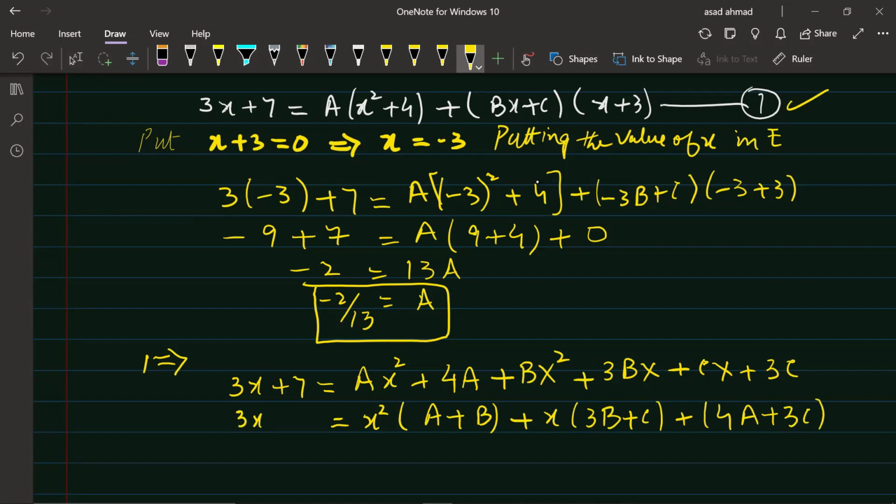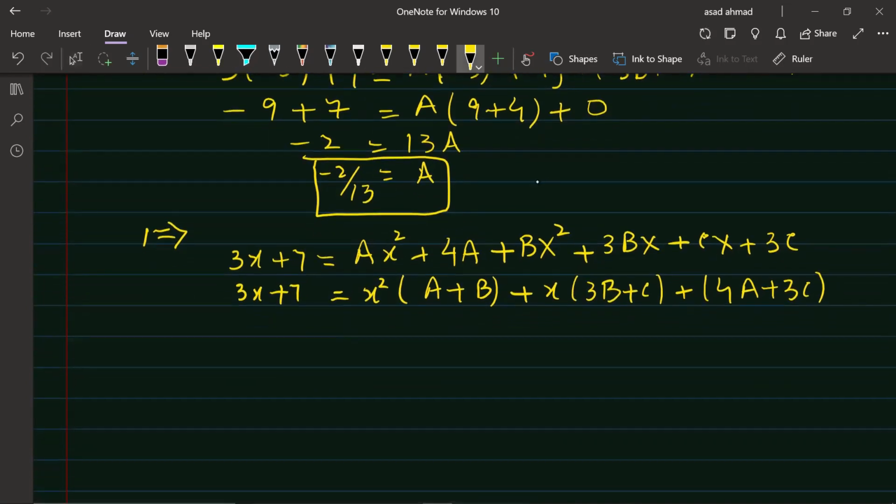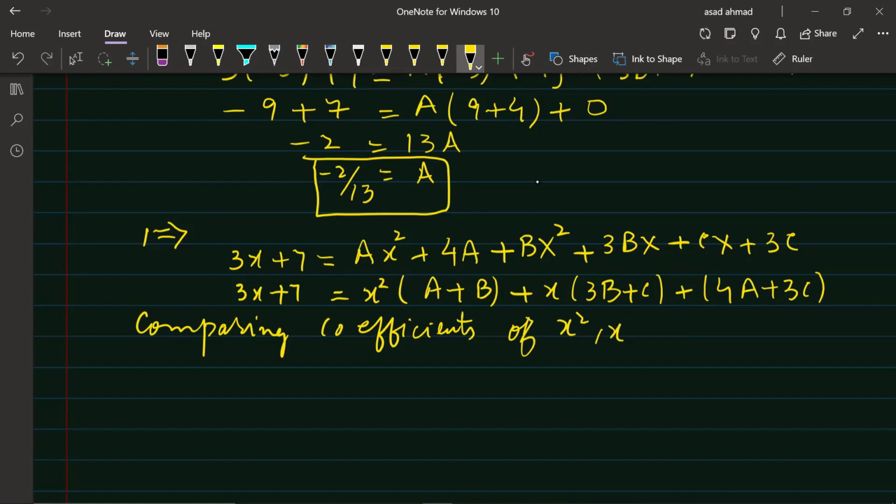Now comparing coefficients of x square, x, and constants on both sides.